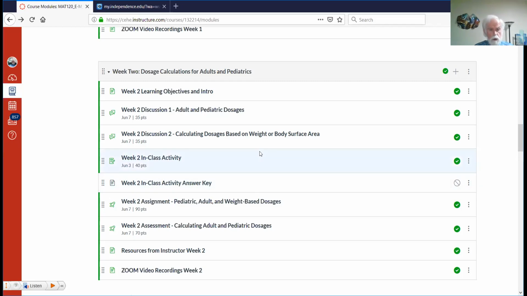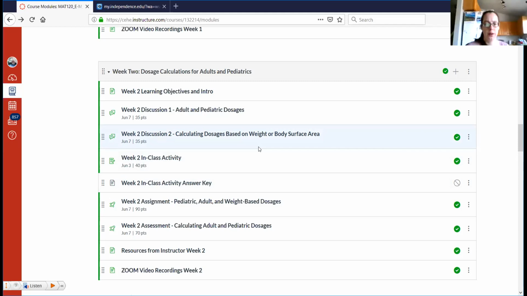So let's just do a quick review here so that we can remember a few things for the assessment and for the in-class activity. Okay. First off, I think I said this before. Ideally, every drug given to every patient would be tailored to the specific patient.